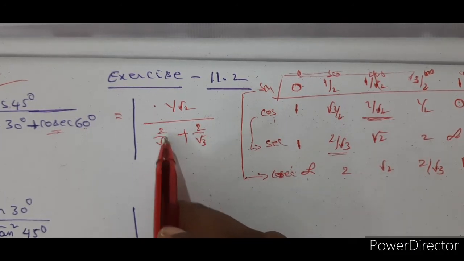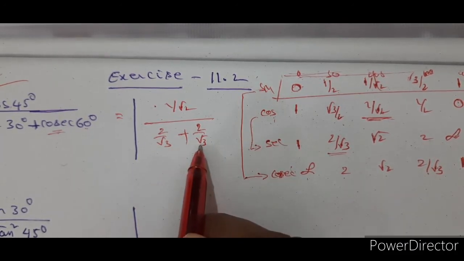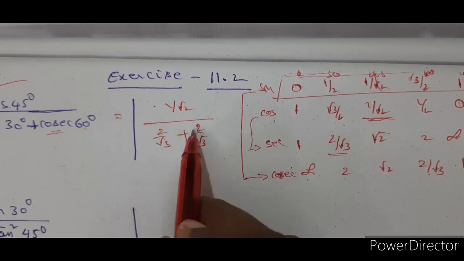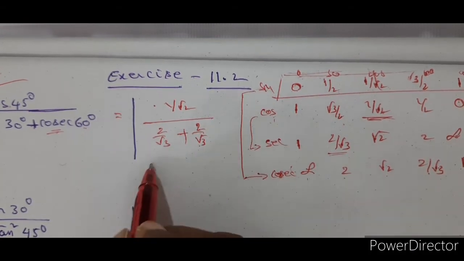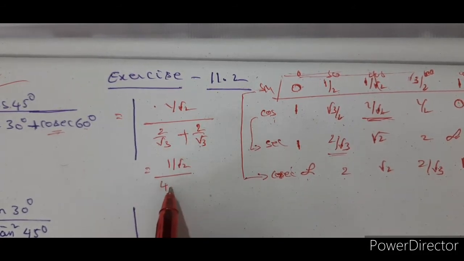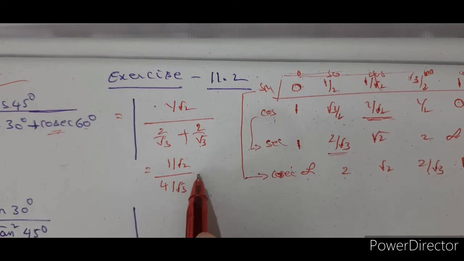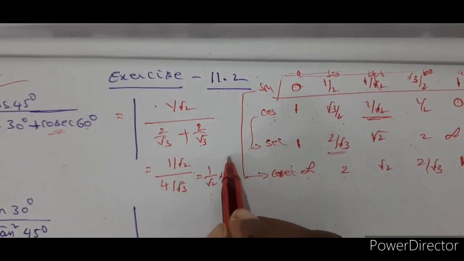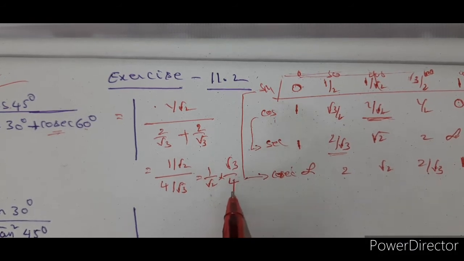Now root 3 is common here. If you take the LCM, 2 plus 2 is 4 by root 3. So that is 1 by root 2 divided by 4 by root 3. Reciprocate the denominator, that is root 3 by 4.